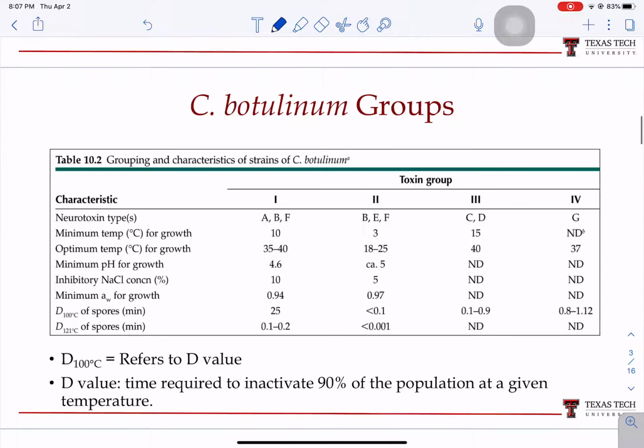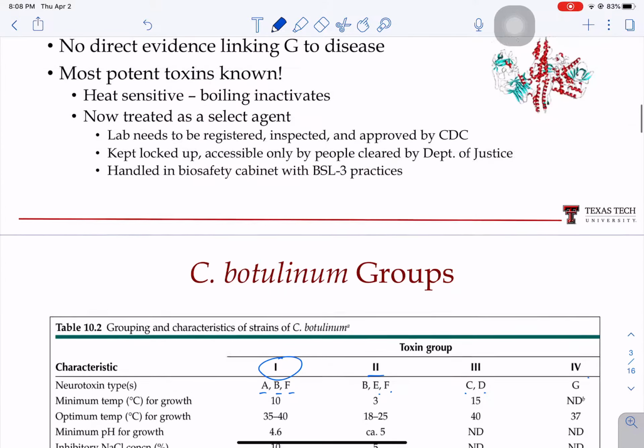I'm going to go back in a minute. So these 4 groups. Group 1 produces neurotoxins A, B, and F. Group 2 produces neurotoxins B, E, and F. Group 3 will produce neurotoxins C and D. Group 4 produces only neurotoxin G.